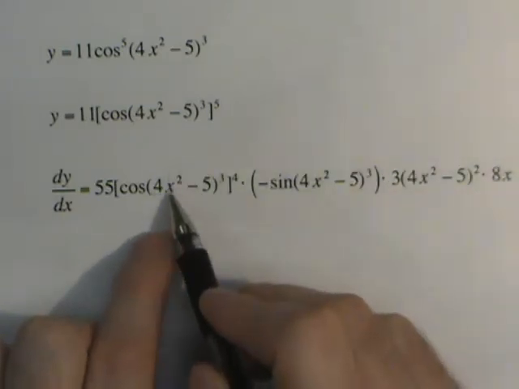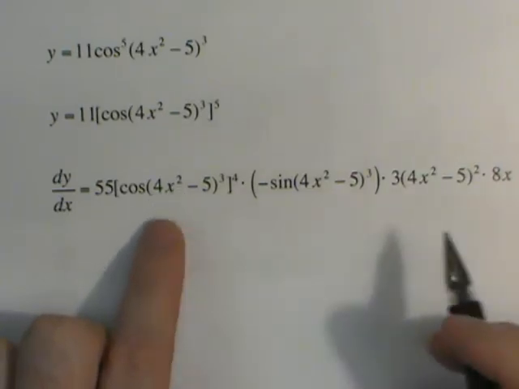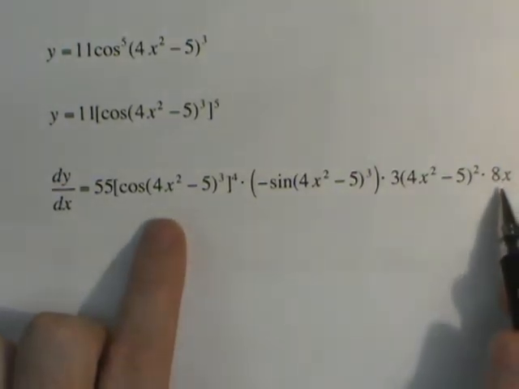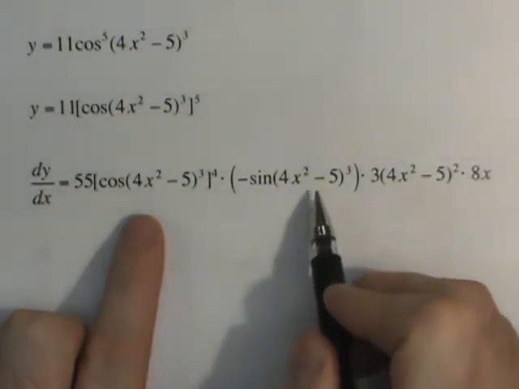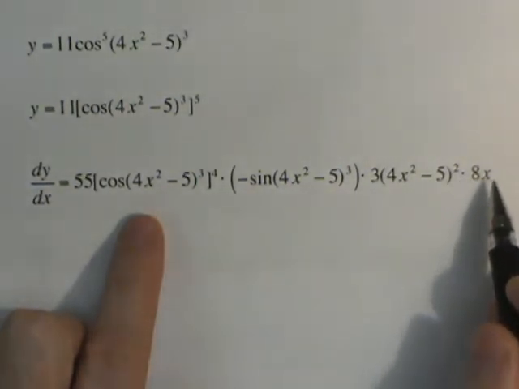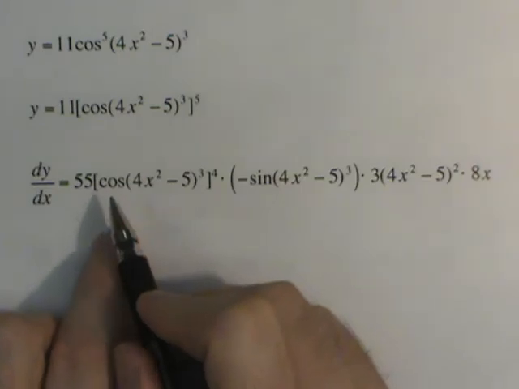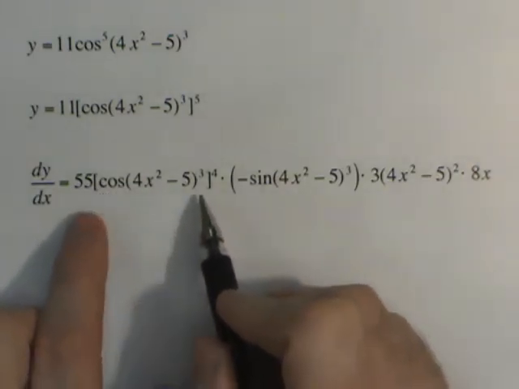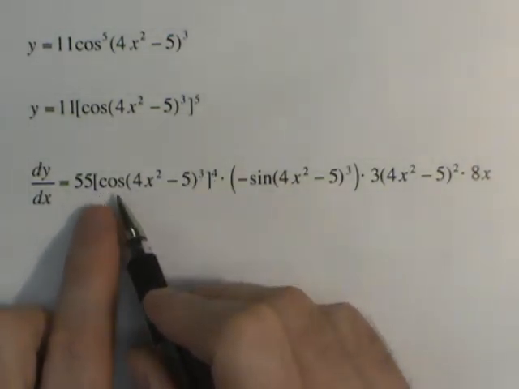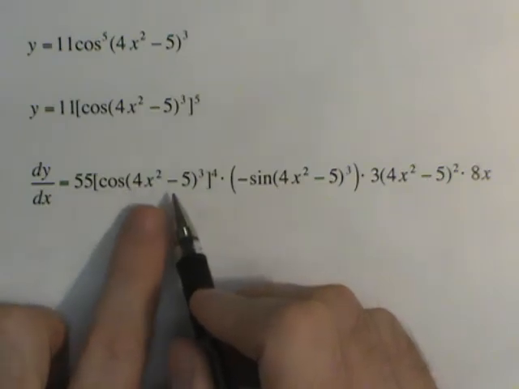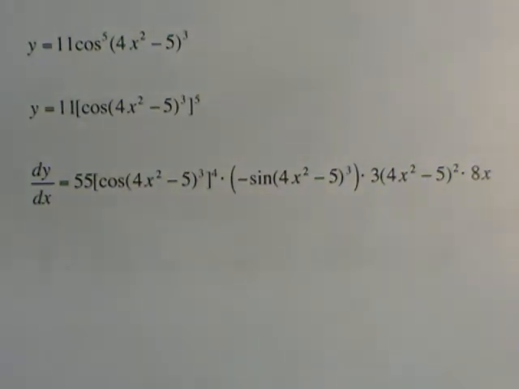And then I go within that, and I find that the derivative of 4x squared is going to be 8x. So here we see where we had 1, 2, 3 links in our chain. Because we start with this parenthesis, we had a power, then we had the trig function, then we had the angle. So we had so much to go on with that.